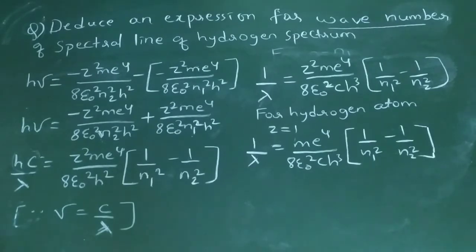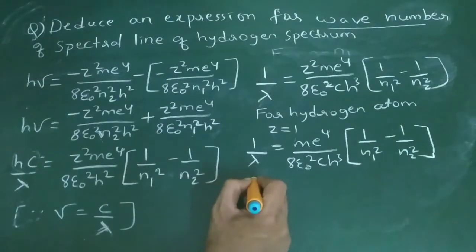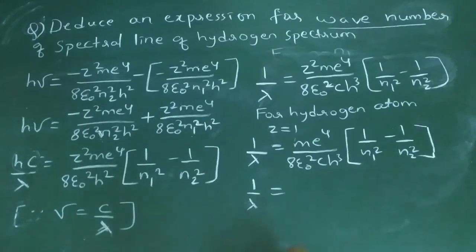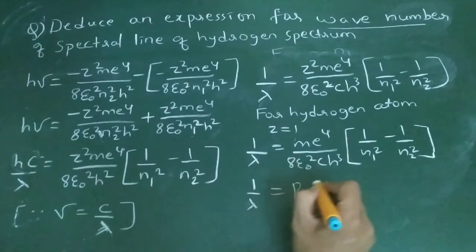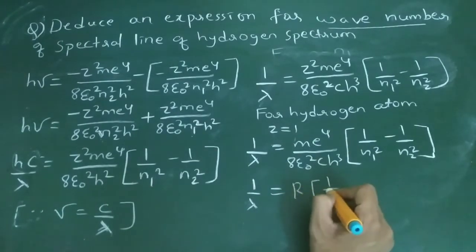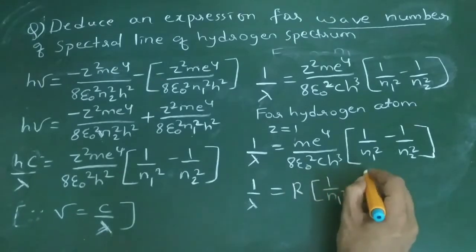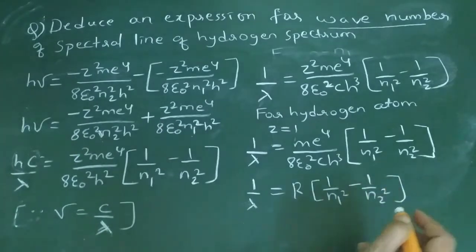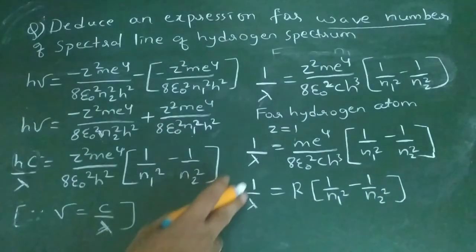So I can bring up from this a relation. What is that relation I can write? I can write 1 by lambda as R into 1 by n1 square minus 1 by n2 square. Or else you can keep even z square outside.